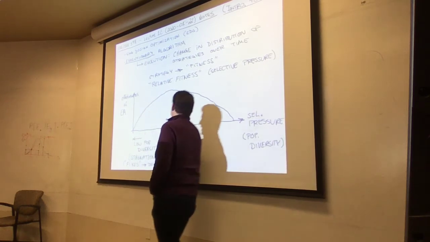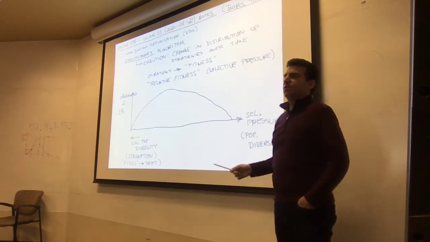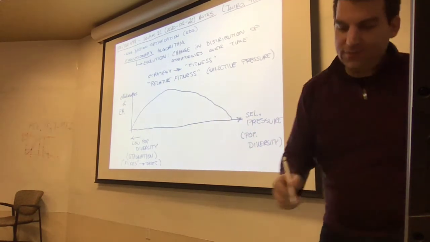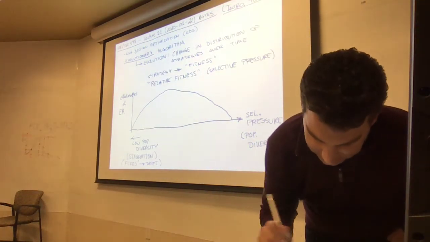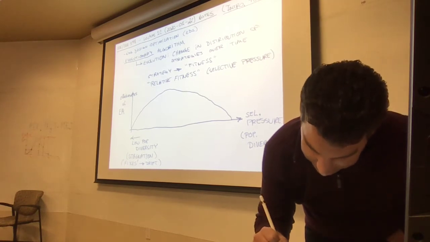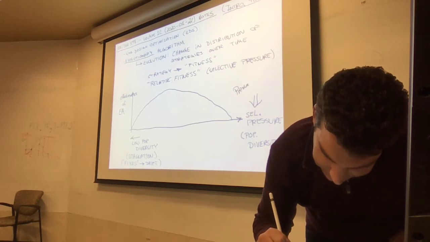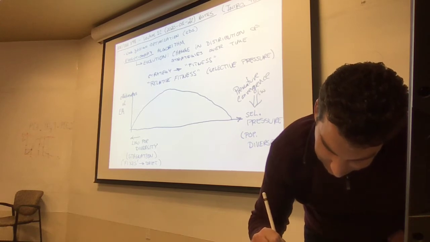But on the flip side of that, when you've got high population diversity, that also can be bad, because this is where you've got premature convergence. So over here, in this condition, that's when you have premature convergence, leading to suboptimal solutions.